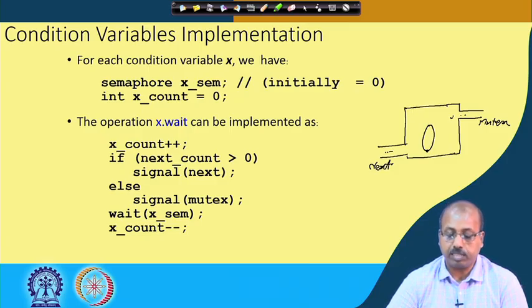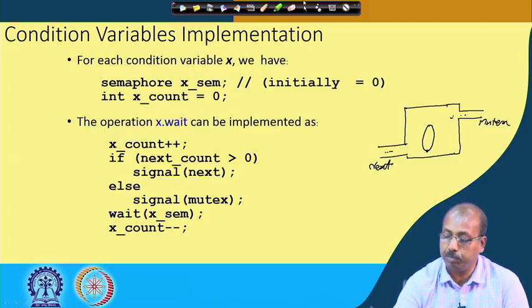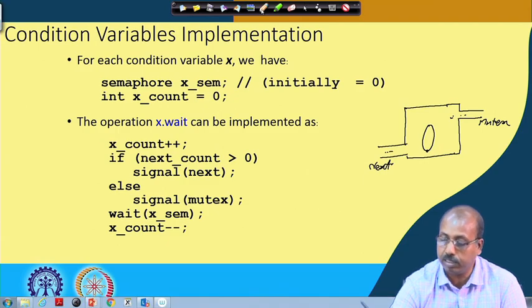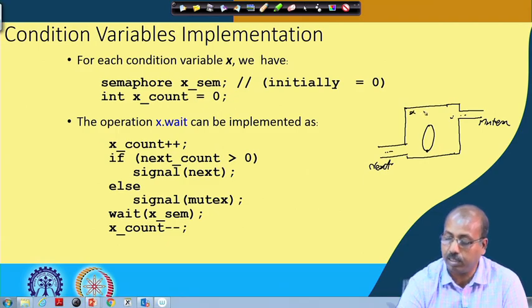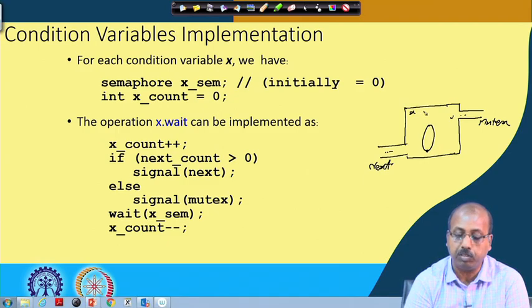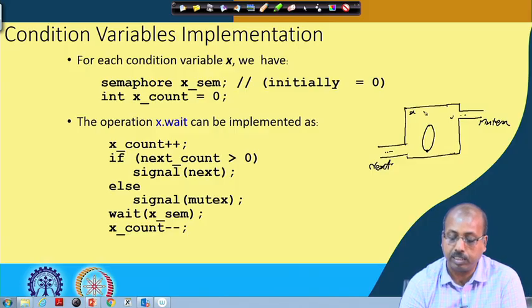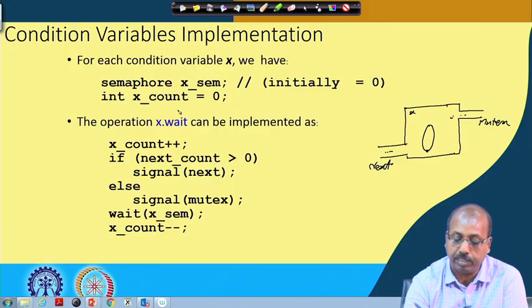Any process which tries to call a wait operation on this condition variable x, that is the x.wait function, is implemented like this. The condition variable x has an associated semaphore x_sem and this count.